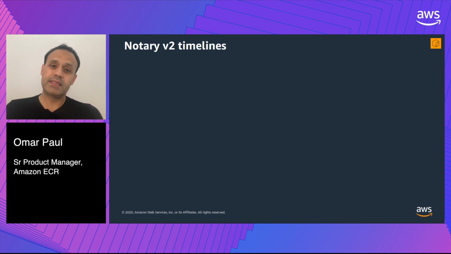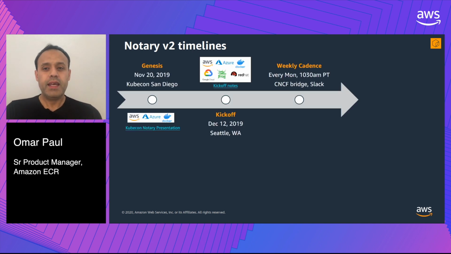Right. I thought I'd share some of the timelines so you have some understanding of where we are and how it got started. It started at KubeCon last year, 2019, when AWS, Azure, and Docker discussed the current state of image signing. A link to the subsequent talk given by Justin Cormack at Docker is here. AWS then hosted a kickoff meeting in Seattle, which was attended by most major registries.